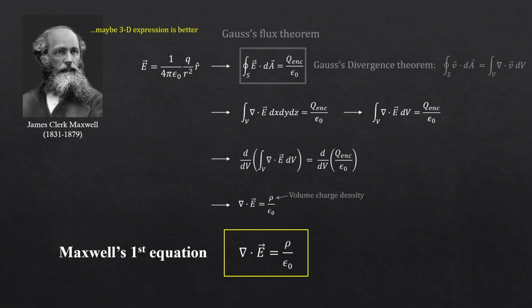A beautiful equation that describes charges and their electric field lines. And this is also called Gauss's law, named after the German mathematician Carl Friedrich Gauss. You now see the reason why people named it this way. I admire Gauss a lot, but let's give Maxwell the credit at least in this video.